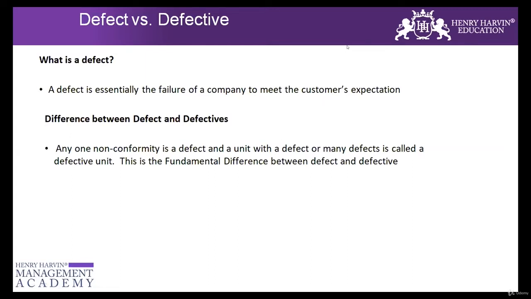Whether my process is capable enough to meet the customer requirement, and second, what is my current process capability? We can try answering these two questions with the help of process capability. First, whether my process is good enough to meet the customer specification, and what is my current process capability measurement.